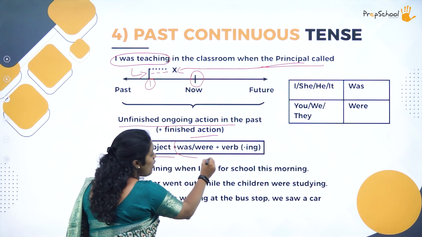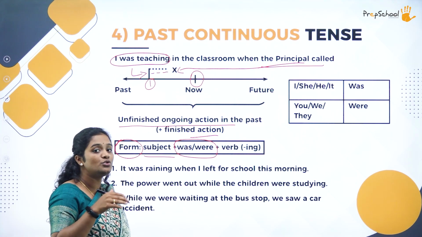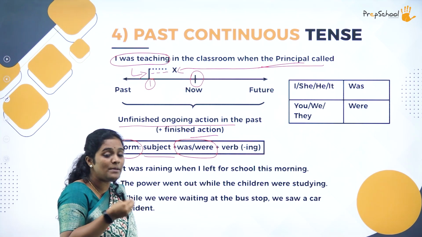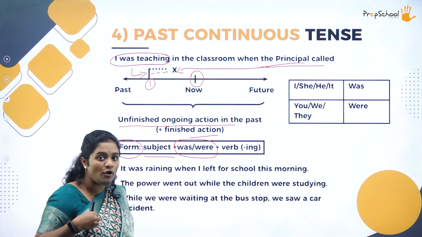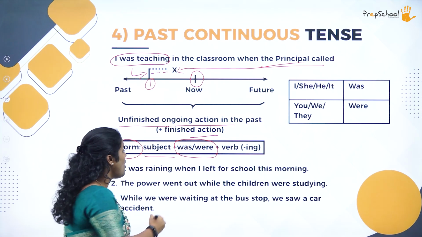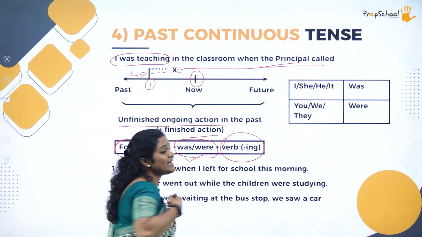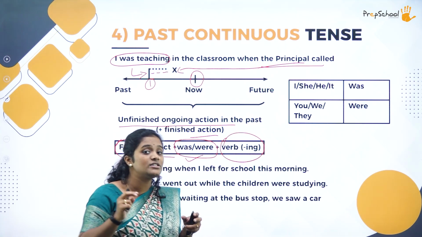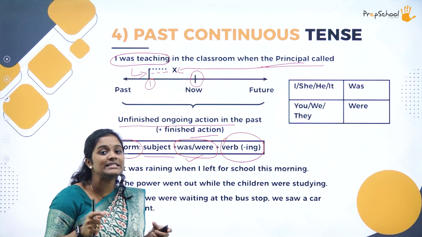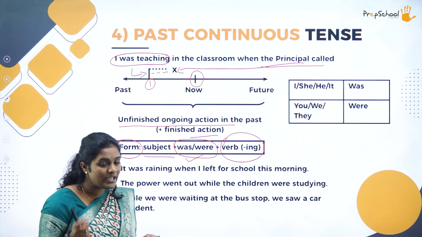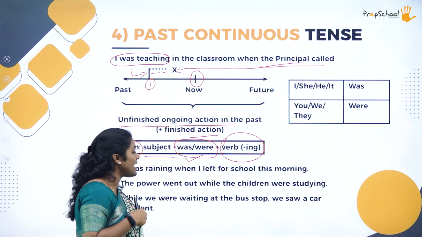Subject, was or were, verb. Now you see that the auxiliary verbs, the helping verbs, are also in their past form. It is not is or are. It's was or were. Then verb in its ing form. Whenever continuous is used, it is obvious that the verb is in its ing format. Keep that trick in your head.